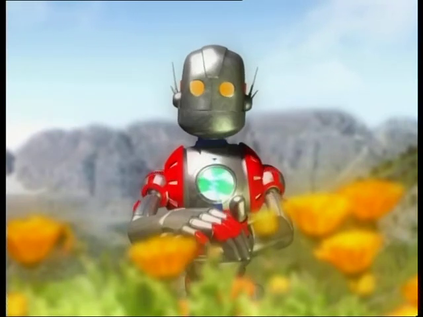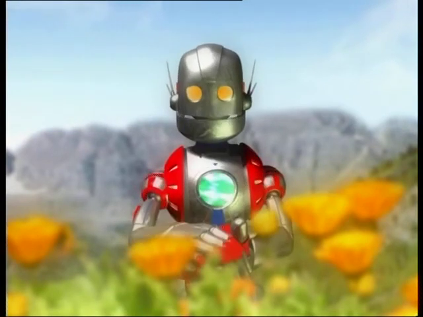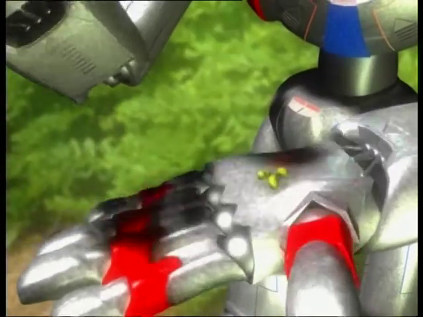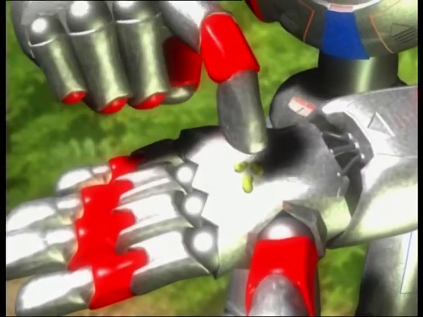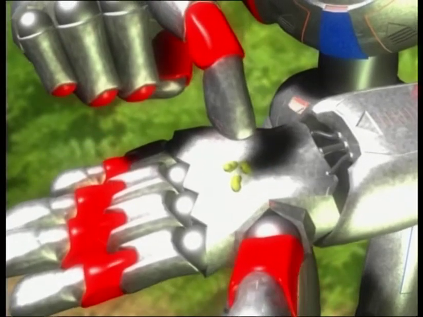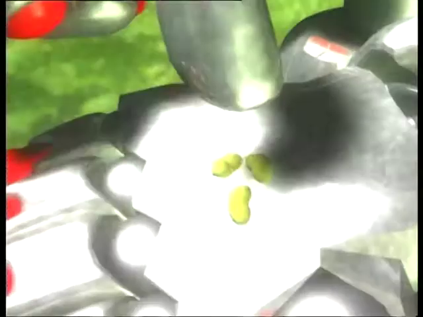Come closer and look. Do you know what these are? These are the seeds. Do you know what a seed is made of?